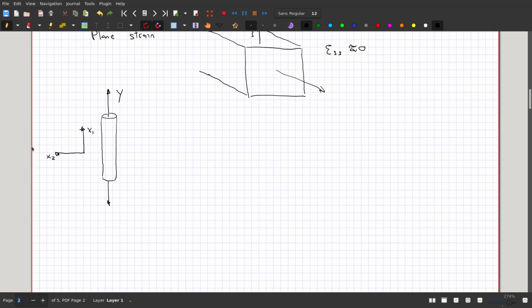Anybody know why I wrote the x1 up and the x2 to the left and not x1, x2? Well, I'm going to reduce this to a 1-dimensional problem only in x1 essentially.